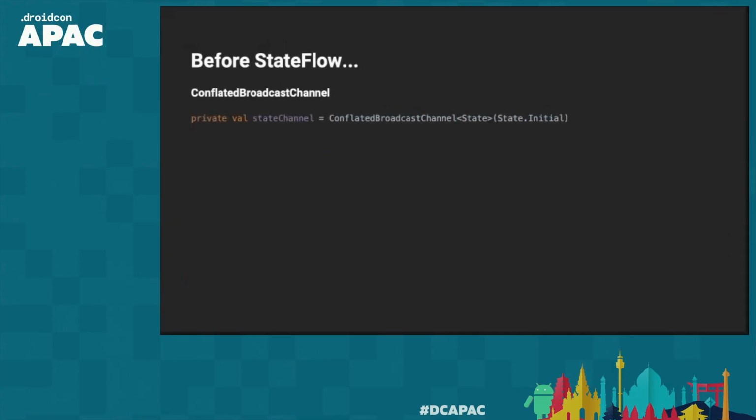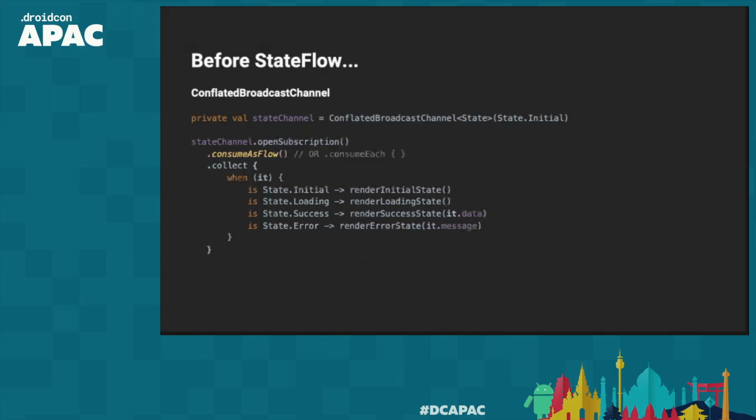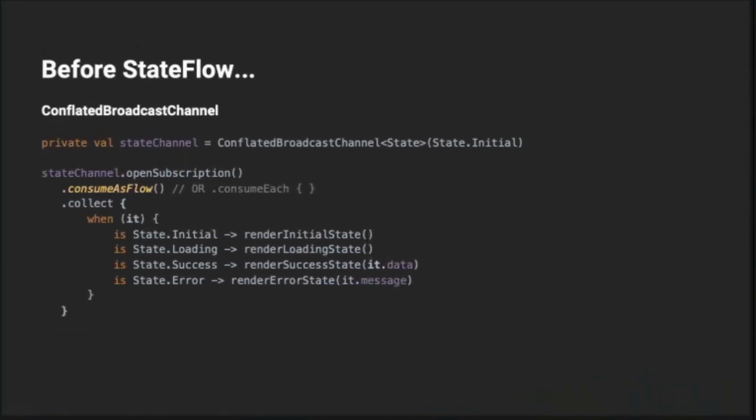Conflated broadcast channel has a constructor which immediately sends the initial value upon creation. This is where we can pass the initial state. And then we can either use consumeEach or consumeAsFlow on its open subscription, but I prefer using consumeAsFlow for today's topic.